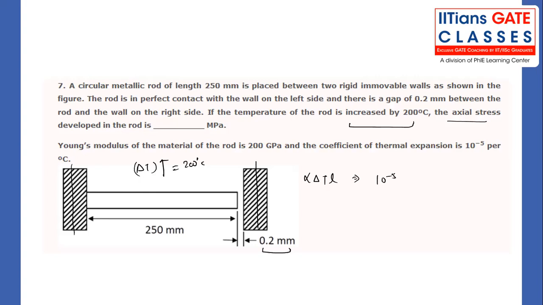What is alpha? 10 power minus 5. Delta T is 200. E is 200 into 1000 megapascal, since 1 gigapascal is 1000 megapascal, right?